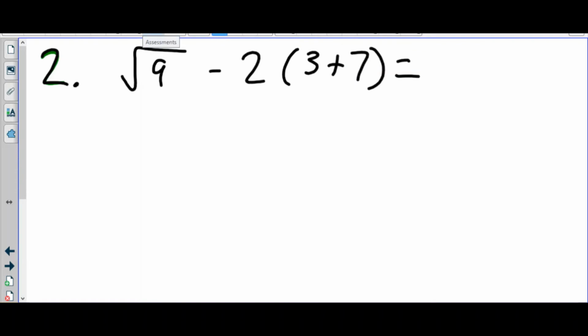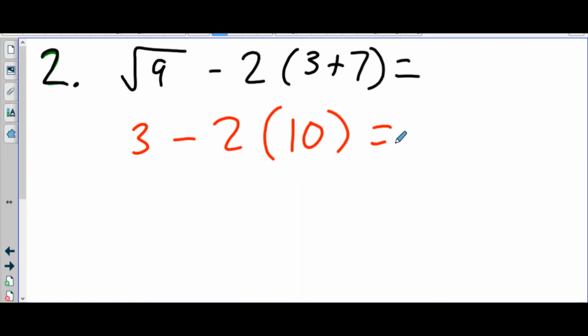What is the square root of 9? That would be 3. Minus, I'm going to keep that 2 here, and I'm going to evaluate that parenthesis. So 3 plus 7 is 10. Next, I see what I have left, and I have technically still parentheses, but I've already simplified what's inside them.